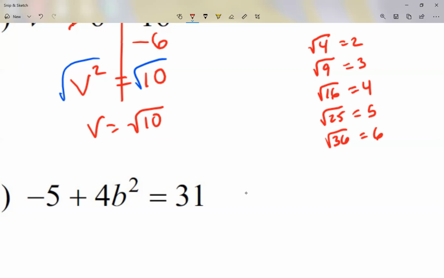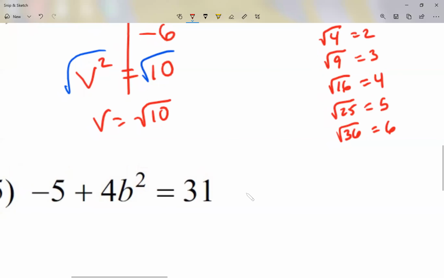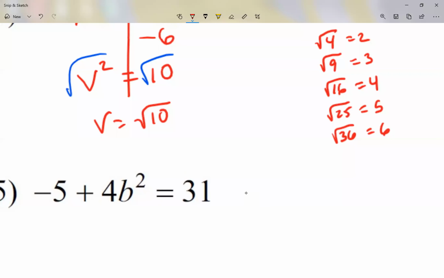Now, square root of 10 is not a perfect square. So I will be able to simplify it if I can split 10 as two numbers that multiplied equal 10, but one of them has to come from my perfect squares here.